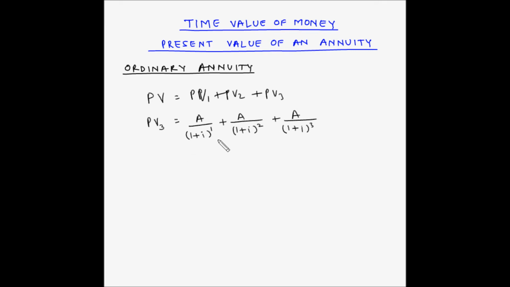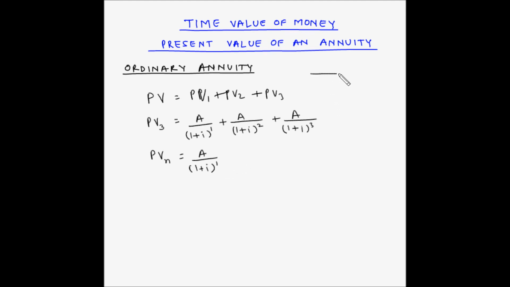Now if we try to generalize this formula, we get the present value for n years. N years, in the sense this is an annuity of n years, will be equal to A divided by 1 plus I to the power 1, because we'll have any investment which is going to give us an amount at the end of the first year.